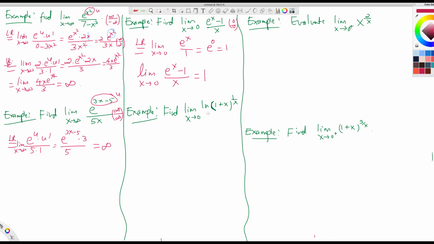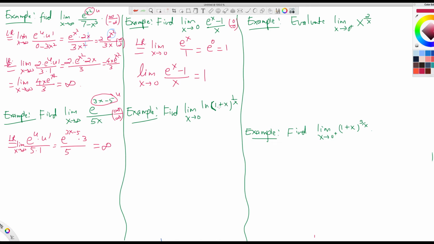Do you remember we used this formula too? The limit as x tends to 0 of 1 plus x to the 1 over x. To use L'Hopital's rule, I need 0 over 0 or infinity over infinity or one of those forms. So let's see, when you plug in x tends to 0, what do you get? 1 plus x is basically 1 plus 0, which is 1.